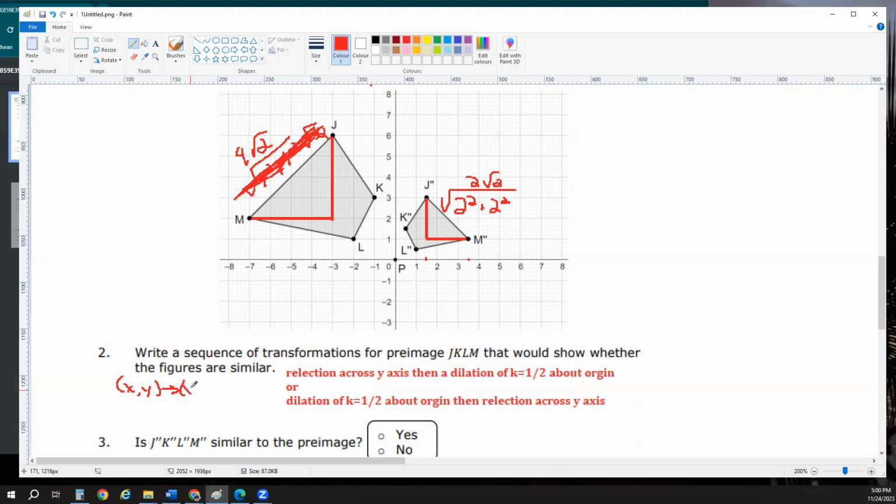The reflection is across the x-axis; x stays the same, but the y values change, right? And then the dilation of 1/2 is 1/2 x, 1/2 y, and whatever we wanted to do with that.